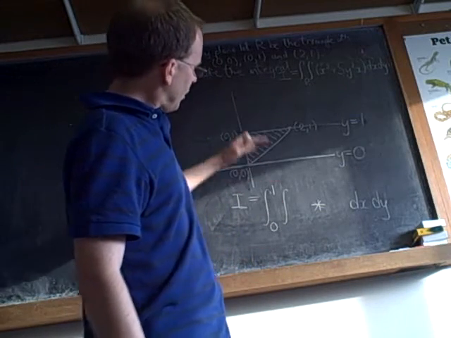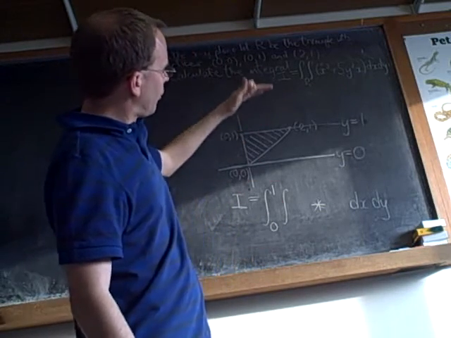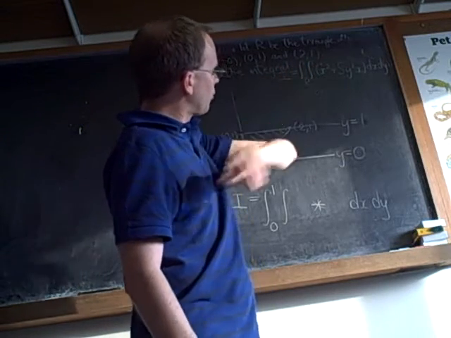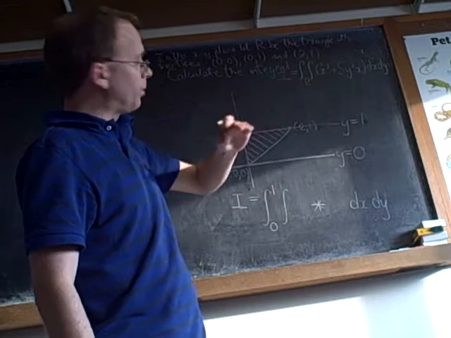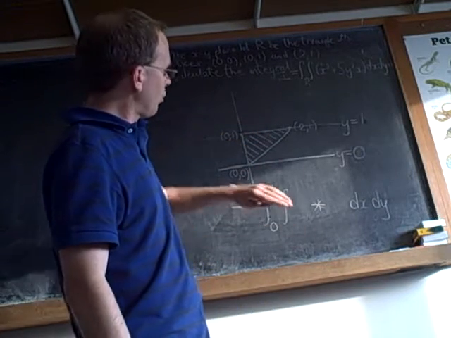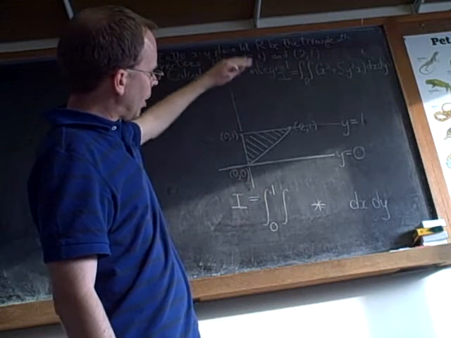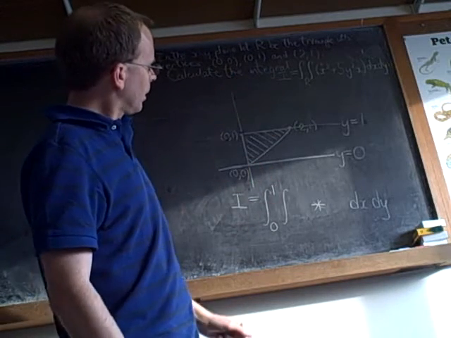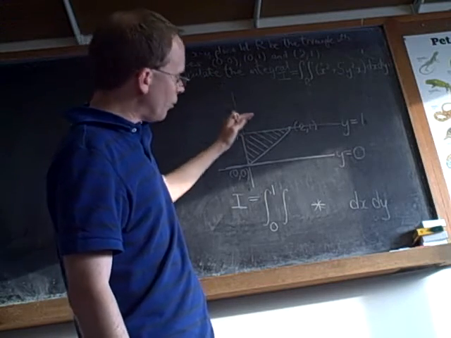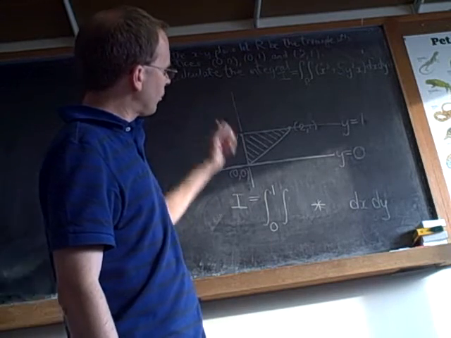Now, imagine the solid built above this. We've got this function x squared plus 5y squared x. Its graph will be z equals x squared plus 5y squared x, and that will be something sitting above this region, and we're talking about the volume underneath that graph and above this triangle. Imagine that volume.